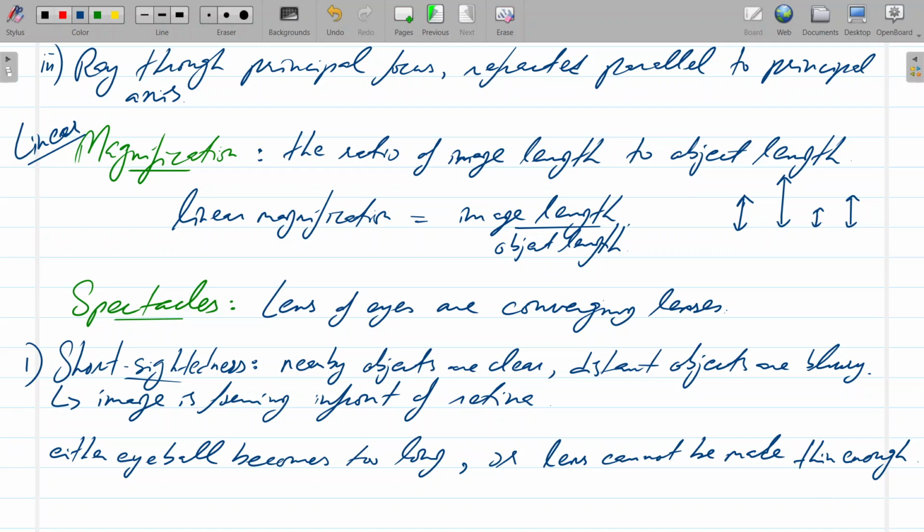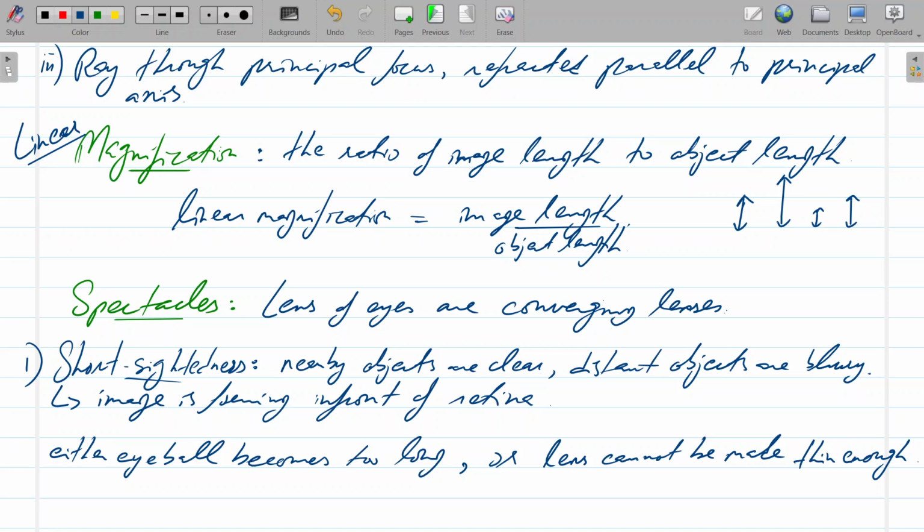Now, saying that the lens cannot be made thin enough brings us to a point about focal length, which is the distance between the optical center and the principal focus or the focal point.